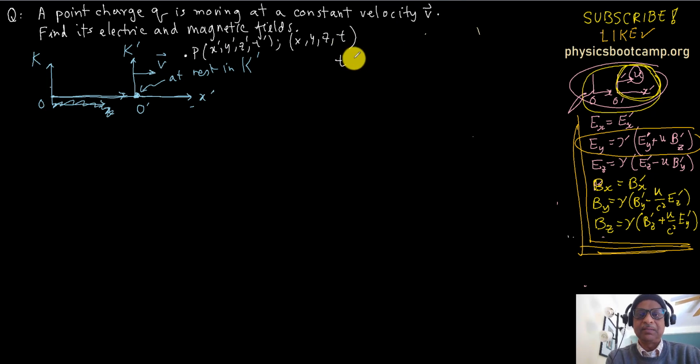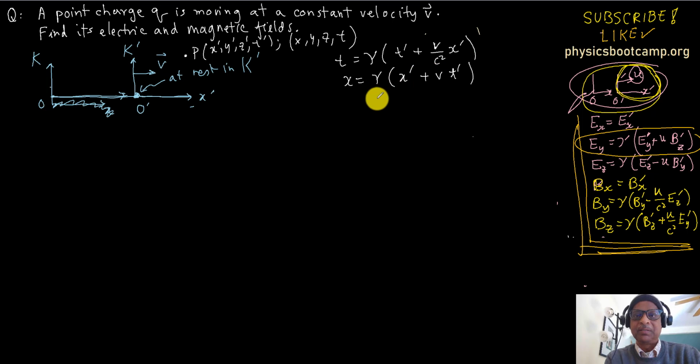Like t equals gamma times t prime plus v over c squared x prime, x equals gamma times x prime plus v t prime, and y equals y prime, z equals z prime.